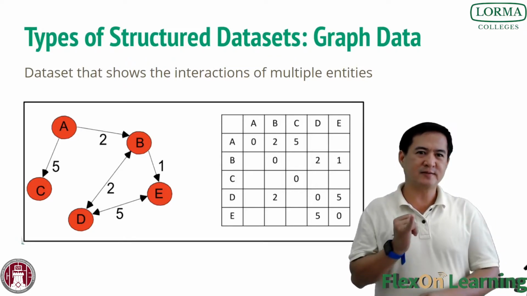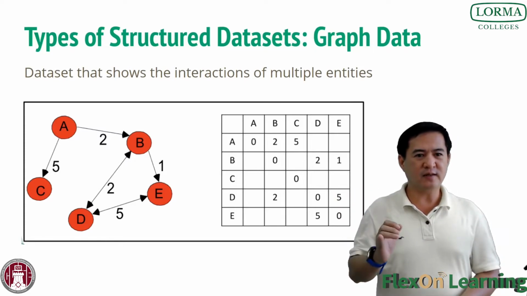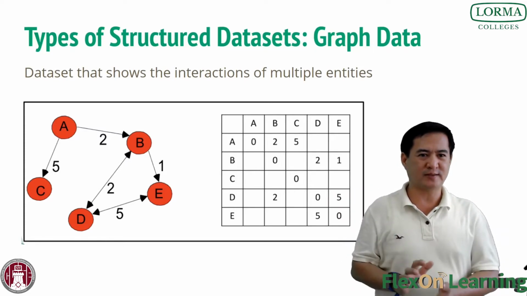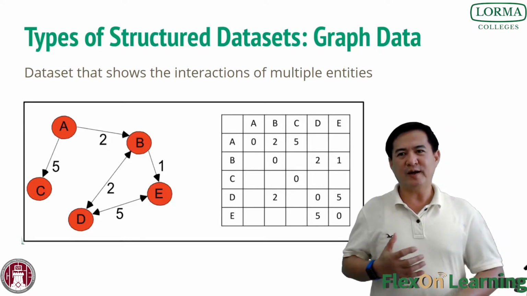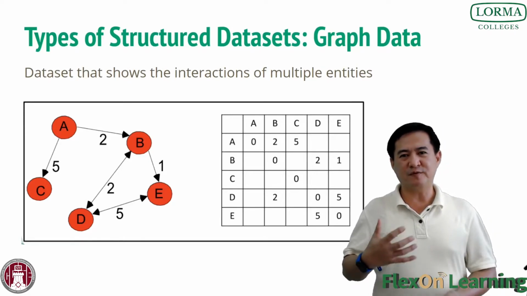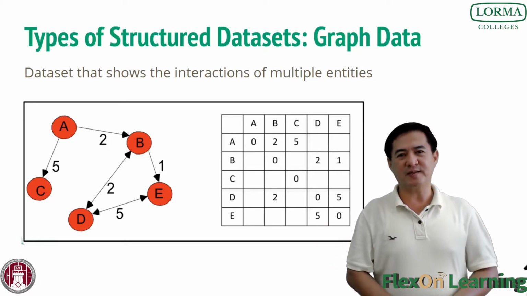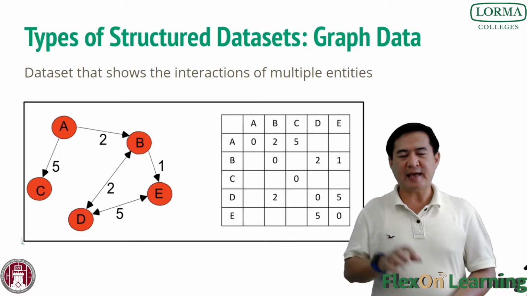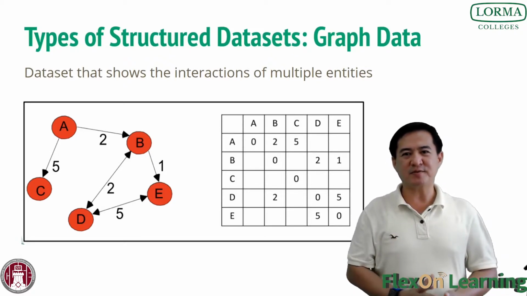One is the road network, which is best represented by a graph. When you have acquaintances in Facebook, your friends, my friends, and the connections among those people, that is best represented by a graph. Anything that has a connection from one point to another is best represented by a graph.